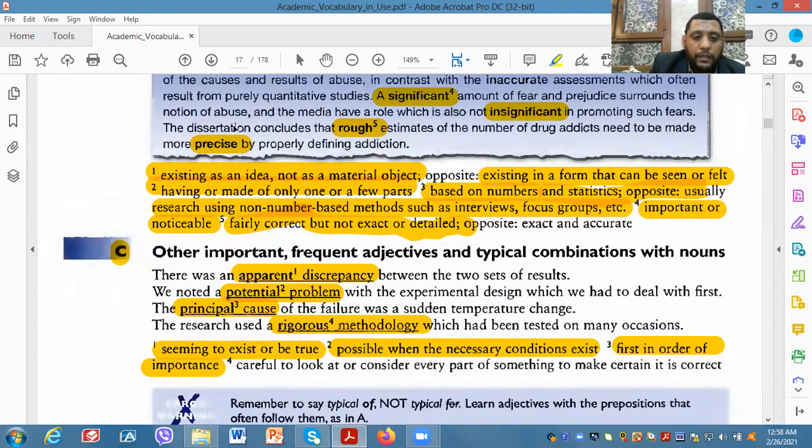The dissertation concludes that rough estimates of the number of drug addicts need to be made more precise. Rough and precise. So precise is the opposite of rough.